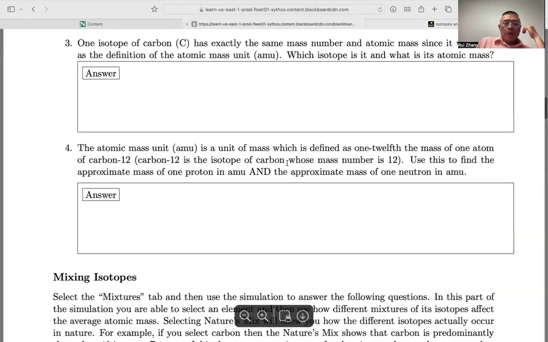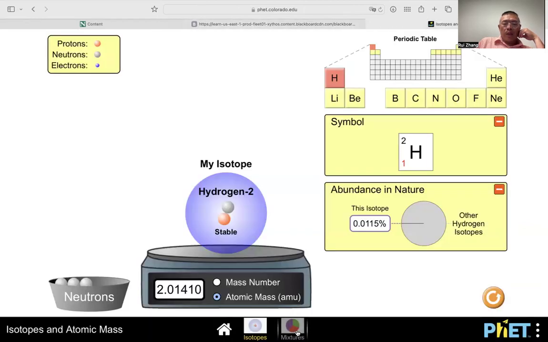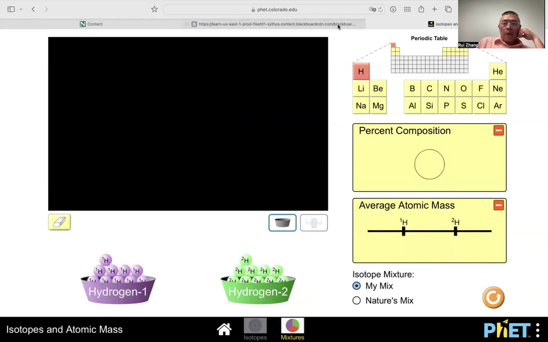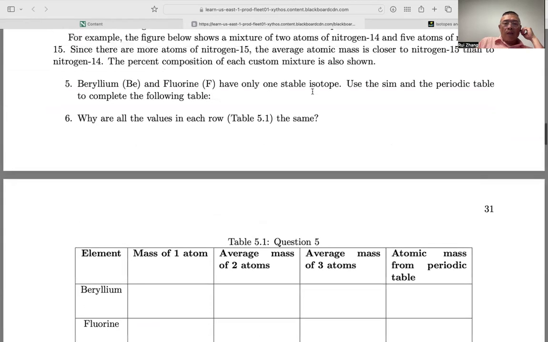The second part is missing isotopes. In this case, we go to the second tab here, mixture. If you clear everything, there are a couple of different questions asked. Beryllium and fluorine, for example, only have one stable isotope.